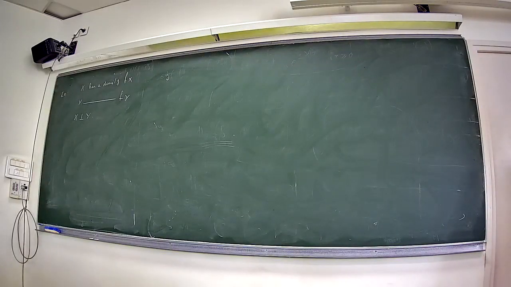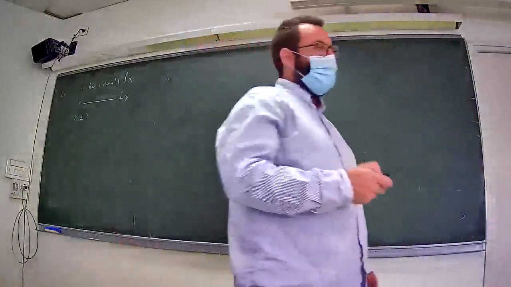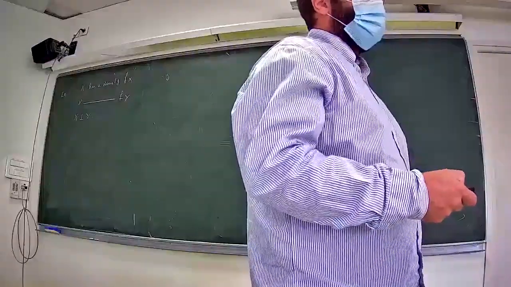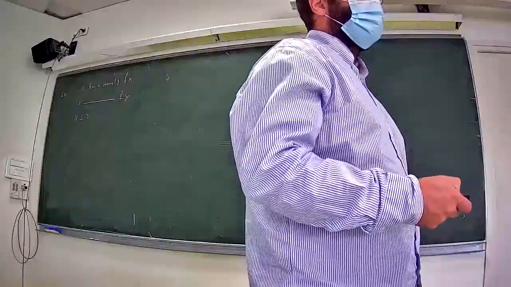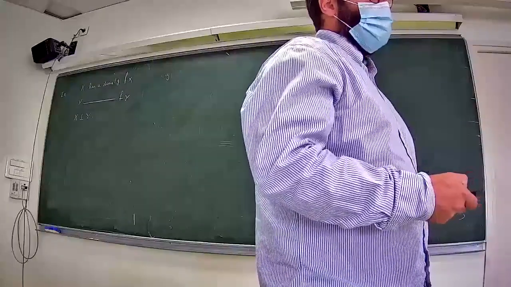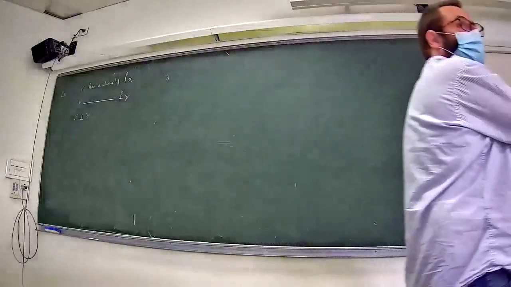In fact, we are going to see that the pair XY has a joint density function in the sense of this definition. Why? So if I want to prove that I have a joint density function, I need to check that I have this equality for a particular mapping here. So we are going to start from this part, and we are going to see what happened in this particular case.